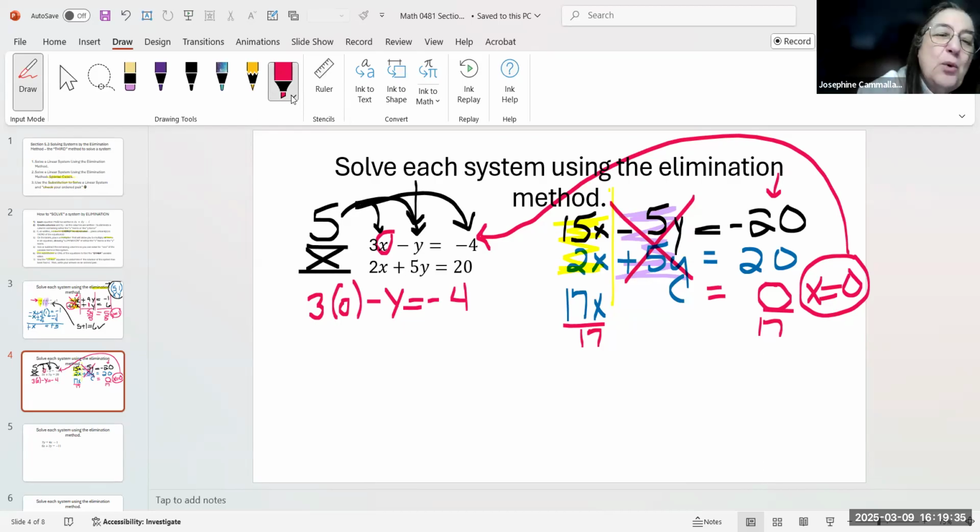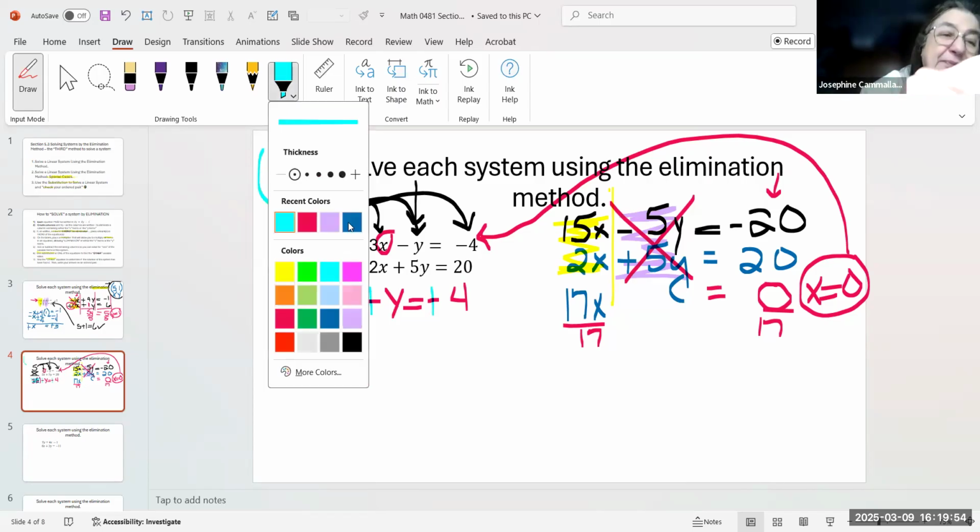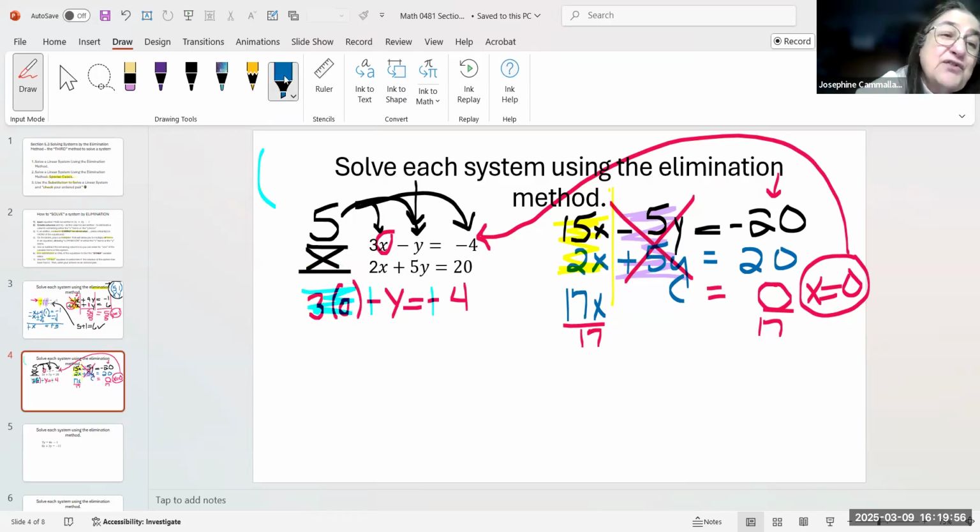Well, as we know, 3 times 0 is 0, so that's canceled. -y and a -4. Well, now I'm going to divide by -1. And my answer just happens to be, I'm going to put it up here. Now, x always goes first. Y is going to be a +4.